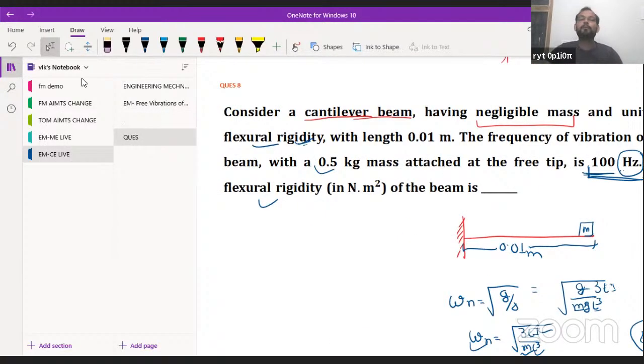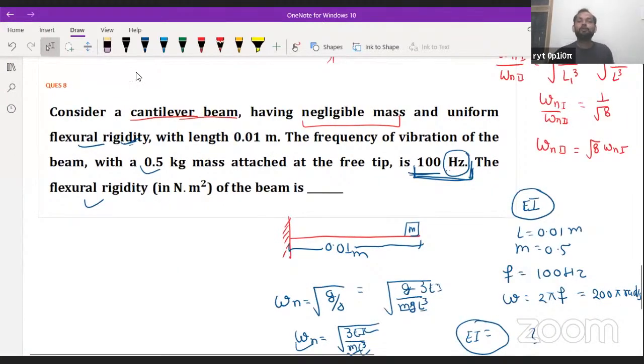Multiple degree of freedom. Okay, so as I already told you, a system which requires only one coordinate to define the motion of the system completely is known as a single degree of freedom system. And when two coordinates are required to define the complete motion of the system, that system is known as a 2 degree of freedom system.